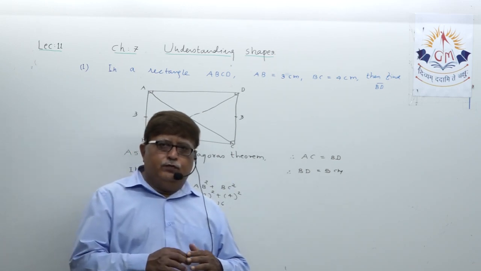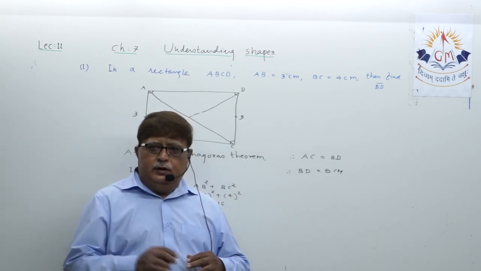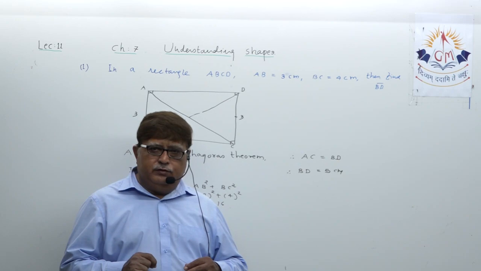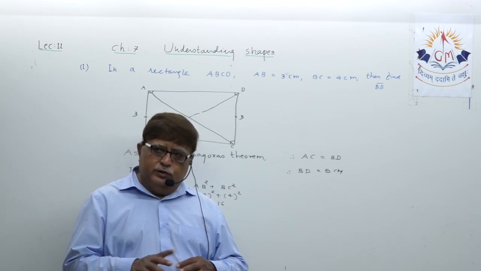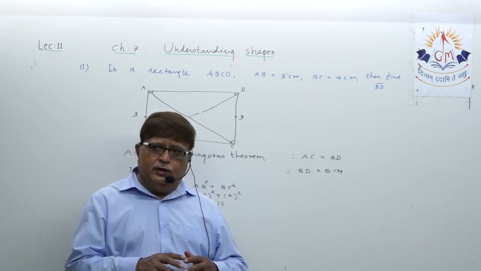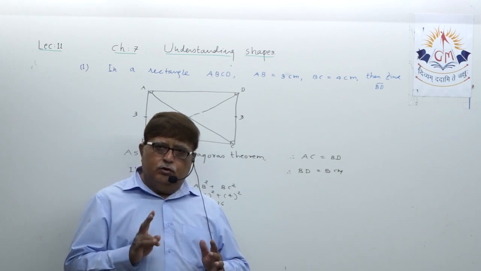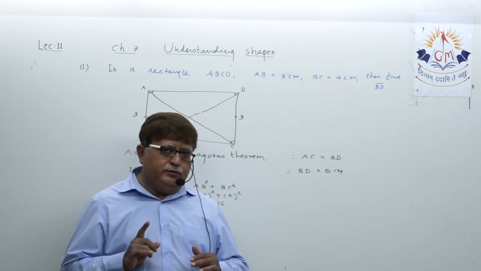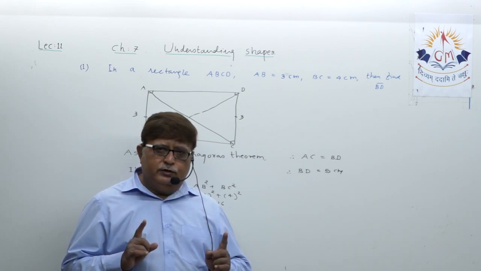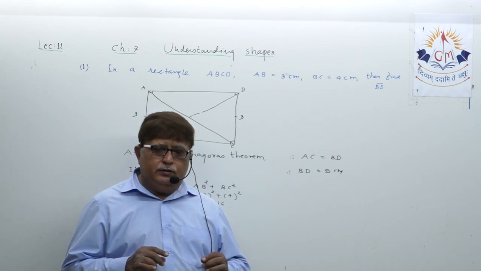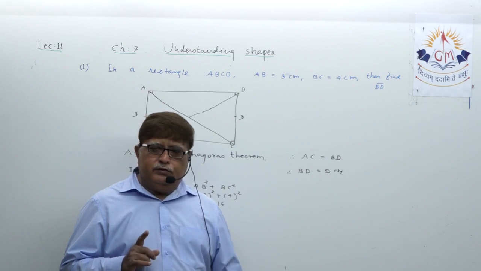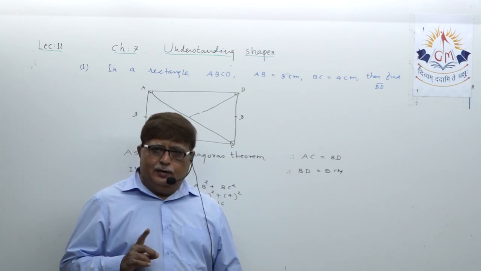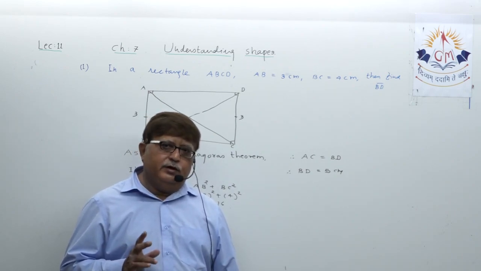So if a true or false statement is given, every parallelogram is a rectangle, false. But every rectangle is a parallelogram, correct, because both the properties of parallelogram, that is opposite sides are parallel and opposite sides are equal, are possessed by rectangle.